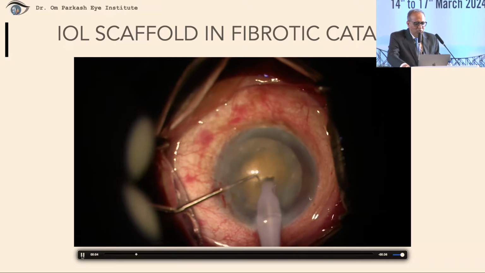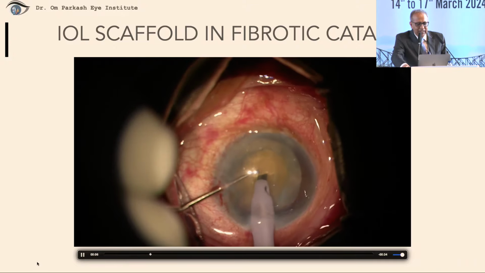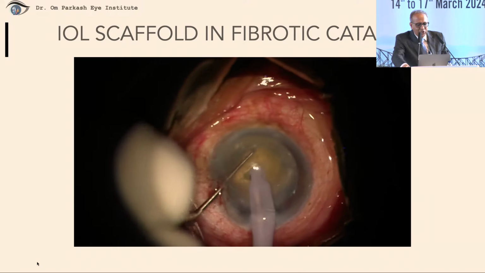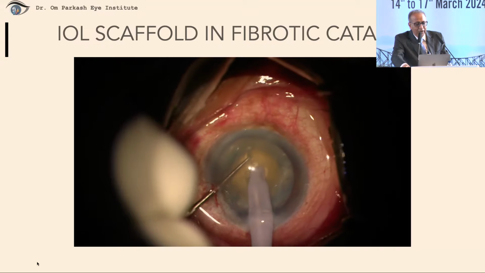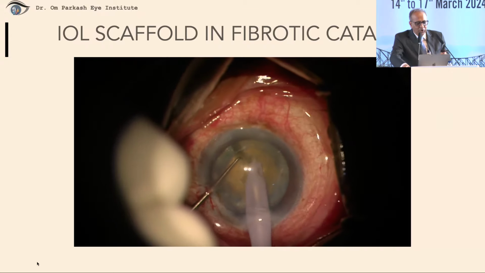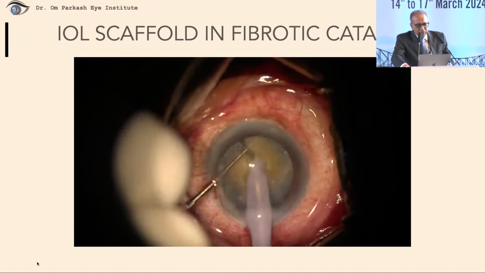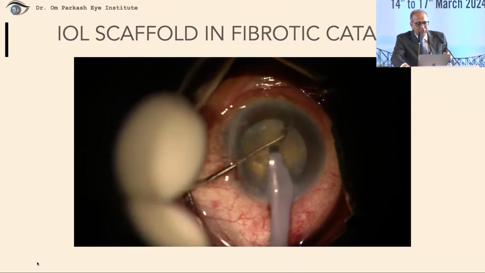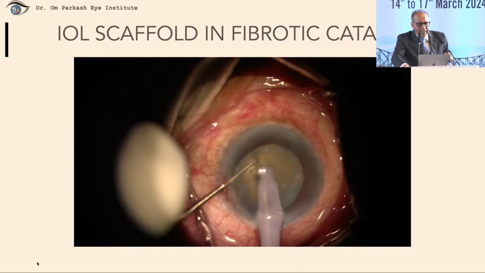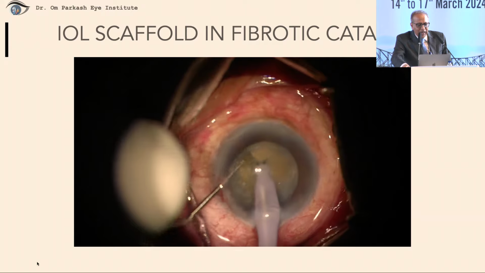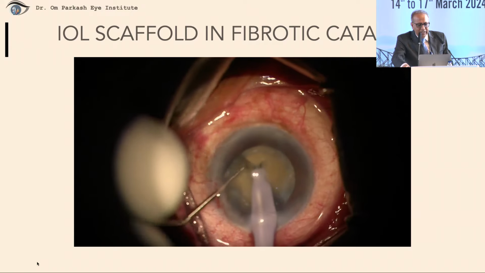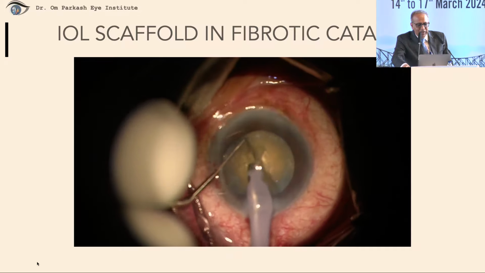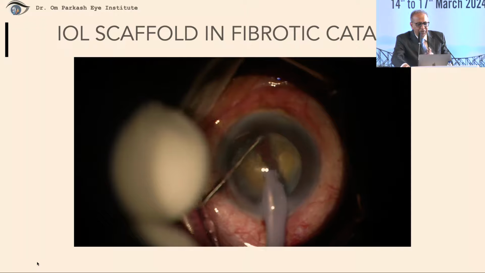So the capsular rexes was completed. Once the capsular rexes was completed, it was a hard cataract. I started with it, and I realized that while chopping, I had to use multi-level chopping in this patient. And now when I'm totally separating it, I suddenly realize with this multi-level chopping that there was a PCR.